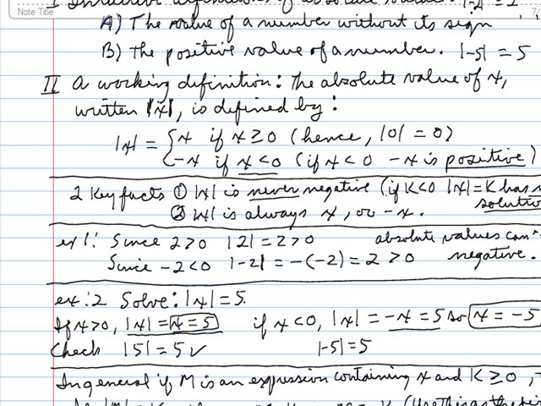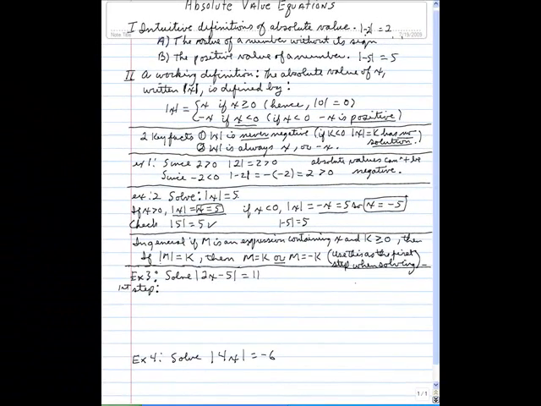And we can draw a lesson from example 2. We can say that in general, if m is any expression containing x, I used m for mess. That's what I always use because sometimes they're kind of big things, that could be very complicated x expressions. But if m is an expression containing x and k is greater than or equal to 0, then if the absolute value of m is equal to k, then m is equal to k, or m is equal to negative k, just as in the problem above with x.